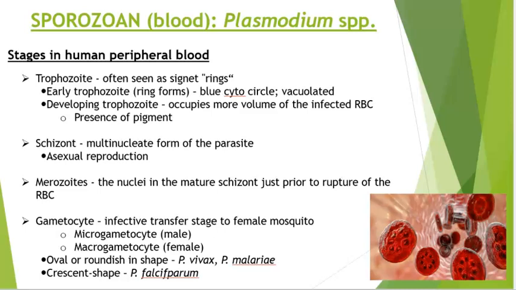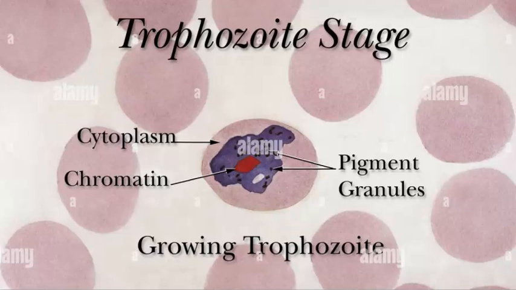There's a few different species we're going to talk about in a minute, but let's just talk in general. There are stages that are going to develop within the peripheral blood of the human host. First, you're going to have the troph or trophozoite stage. You can often see ringlets or rings in the red blood cells of the trophs. You can see in this image that the troph stage occupies most of the volume of the red blood cell, so it kind of hijacks your red blood cells.